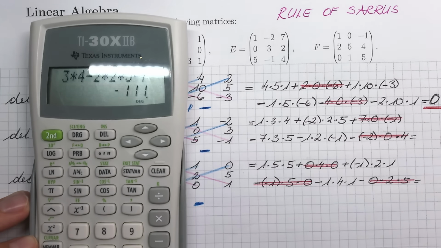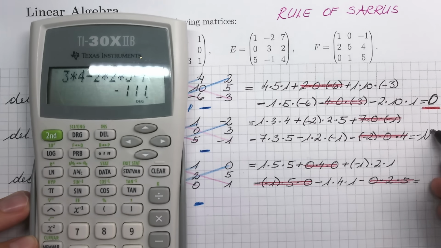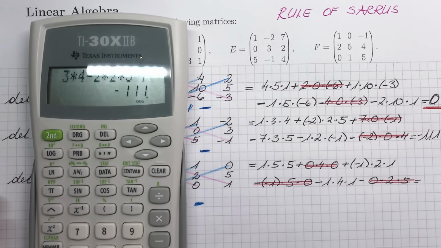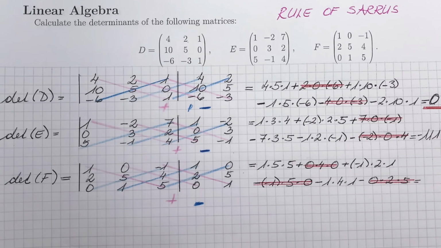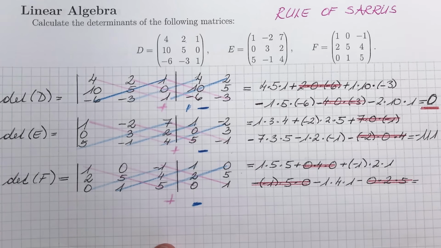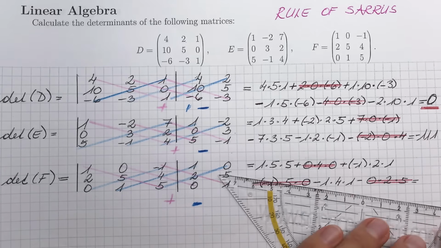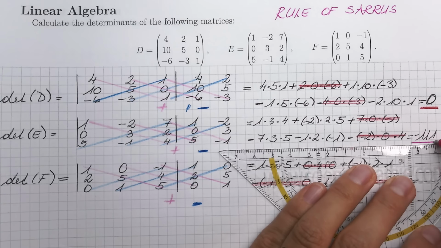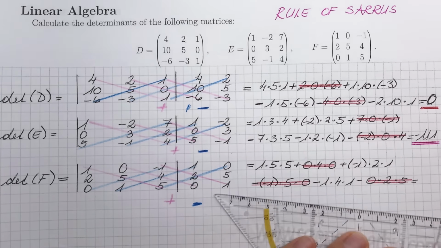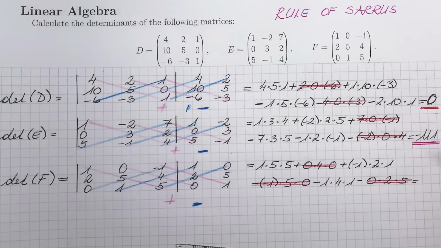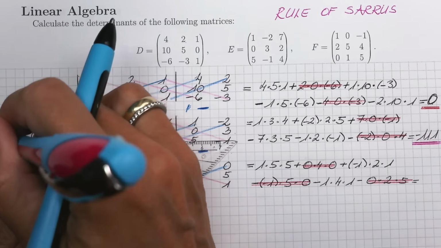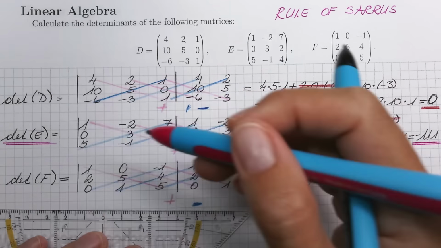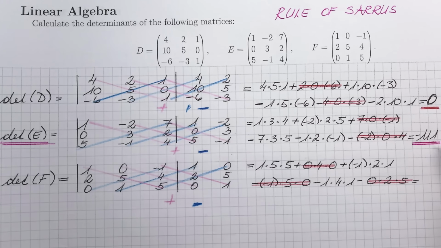And we get minus 111. Okay, I hope you can see that it's minus 111. This means this matrix here, all the columns and all the row vectors are linearly independent from each other. We get a real value for the determinant. Doesn't really matter that it's a negative value. It doesn't disturb you any further.